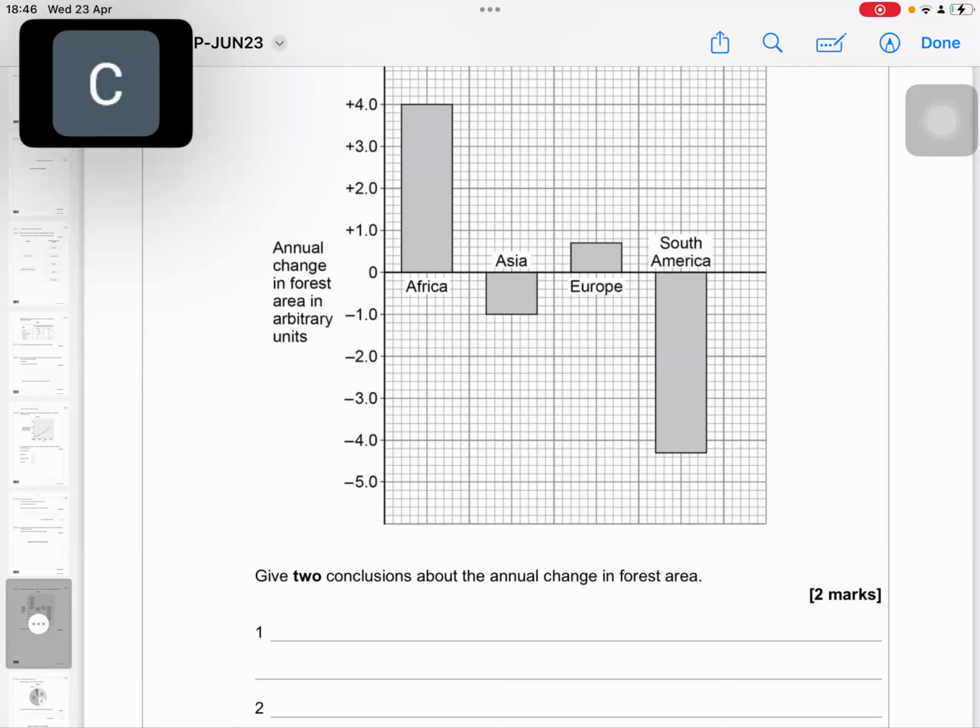So yes, that's what I would say. I think it's safe to compare Asia and South America, and then to compare Europe and Africa.